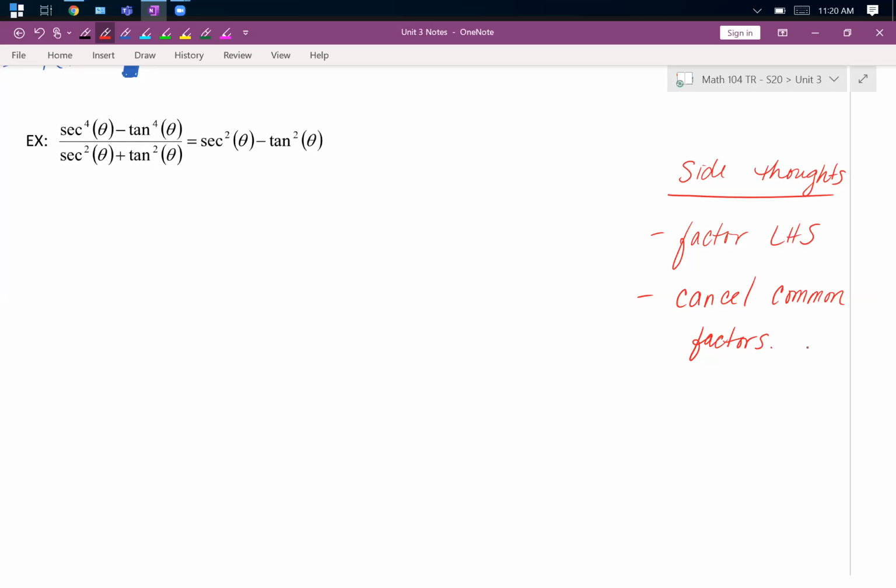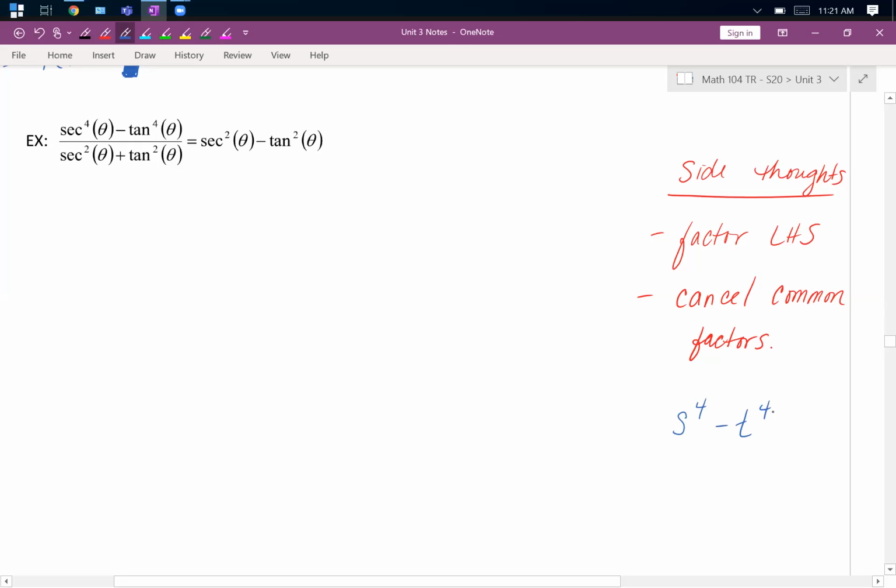Sometimes it can be tough to do the factoring when you have all of these trig words. So I would encourage you to strip it down to make the algebra easier. We have s to the fourth minus t to the fourth. How could we go about factoring that?